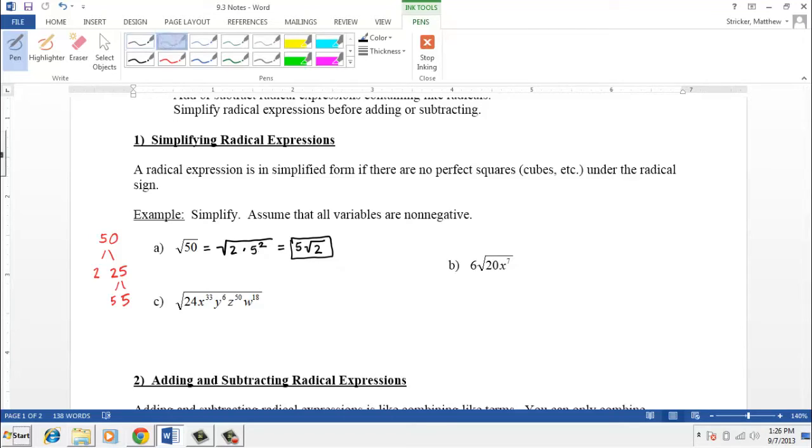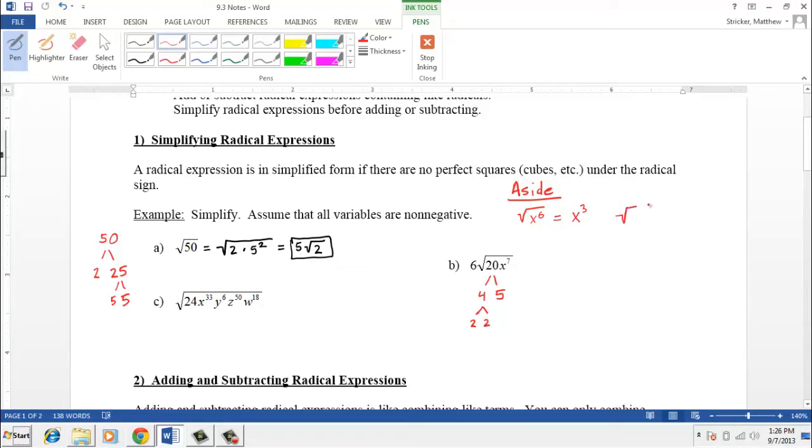Again, we could do the same thing with the 20. The 20 can be thought of as 4 times 5, and then of course 4 is 2 times 2. Let's make a little side note here. Remember that we can take the square root of something like x to the 6th. We just talked about dividing this power 6 by 2, so its square root is x to the 3rd.